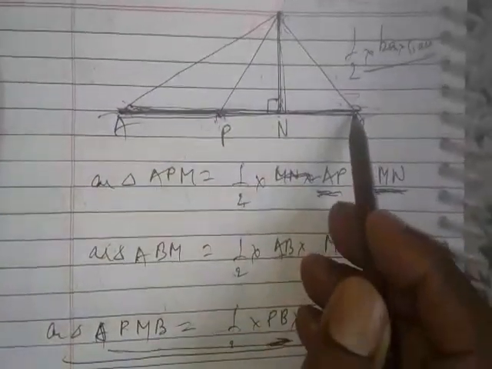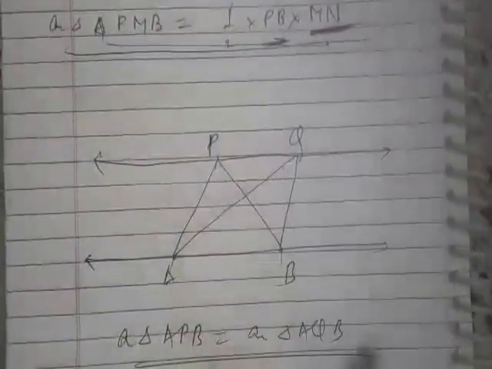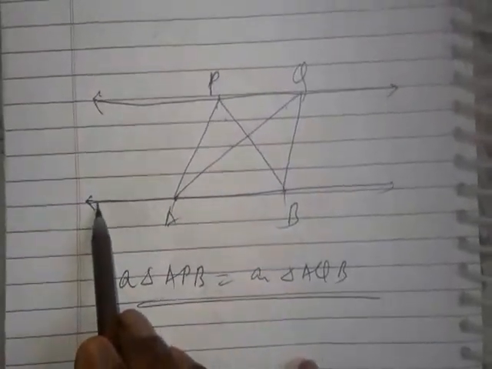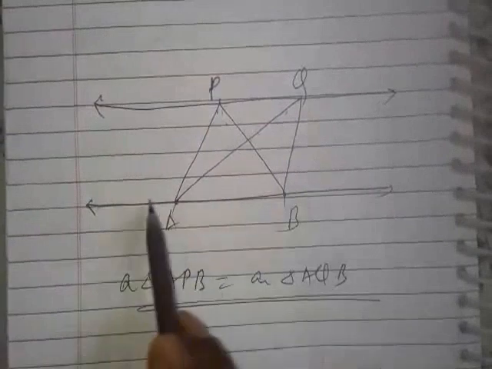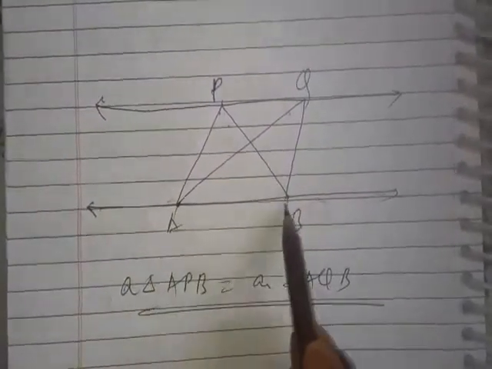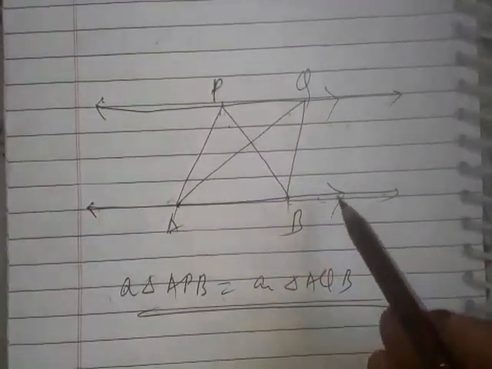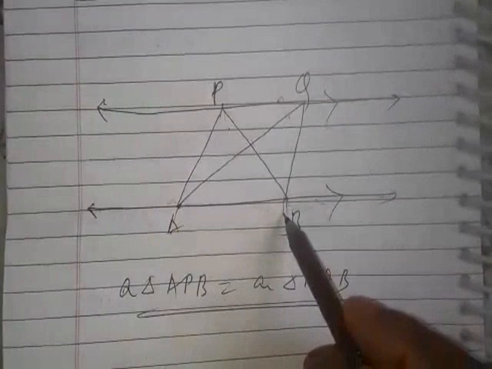Now one more thing we have to remind ourselves: if we are having triangles drawn on the same base and lying between the same parallels, then their areas are equal. Here what do we observe?